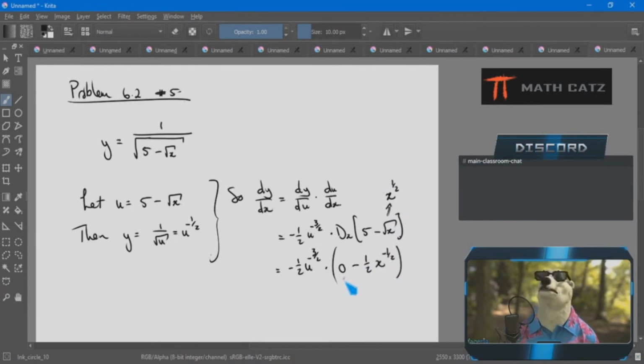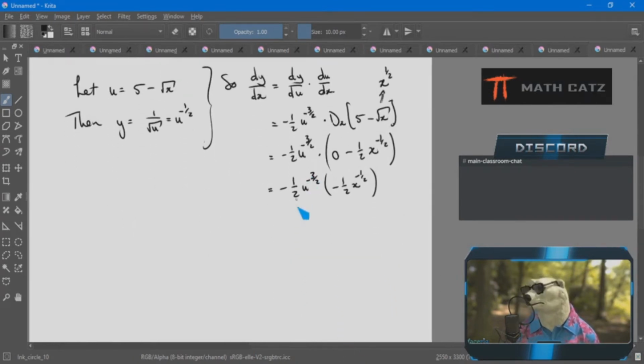Now you're welcome to leave the 0, but maybe I'll clean that up a little bit. Maybe I want to write another line where I just address the 0. And then I want to take my time. Write as much as you need to.